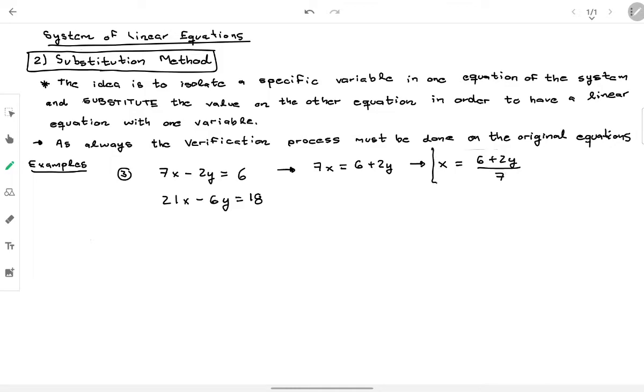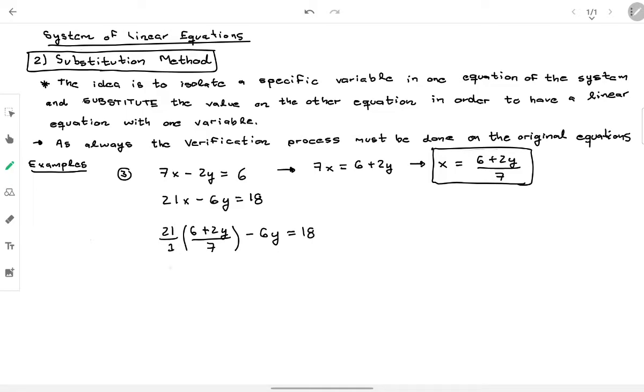So I have already isolated the x. If I substitute the value of x in the second equation, it's going to be 21 multiplied by x, that is (6 plus 2y), all of it divided by 7, minus 6y equals 18.